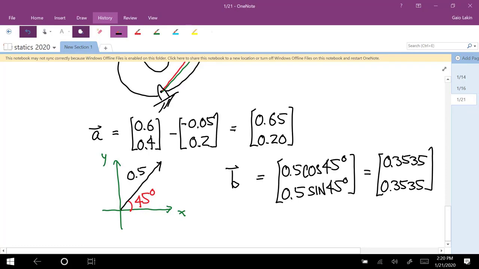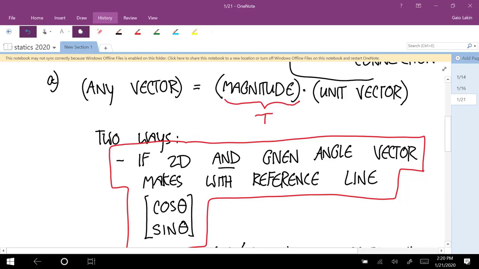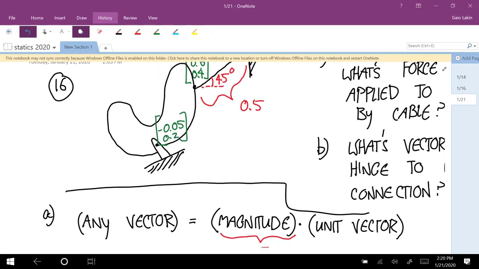Yes? Dang it. Okay, so this is positive and the 0.2 is negative.